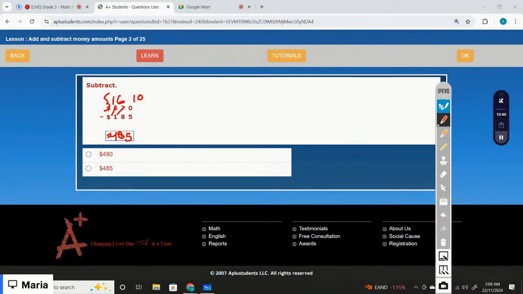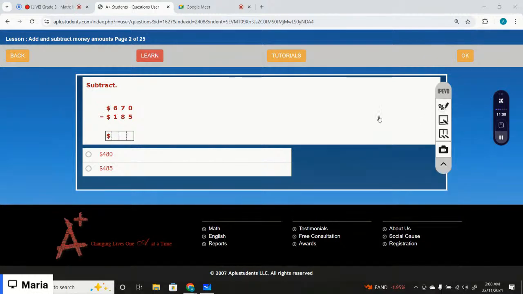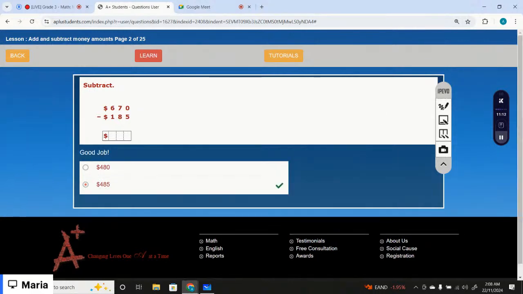You cannot subtract 0 out of 5, so you need to borrow 1. That makes it 10. 10 take away 5 is 5. Then you have to borrow 1 again because you cannot subtract 6 out of 8. That makes 16. 16 take away 8 is 8. And 5 take away 1 is 4. That is 485. Option number 2 is the correct option.